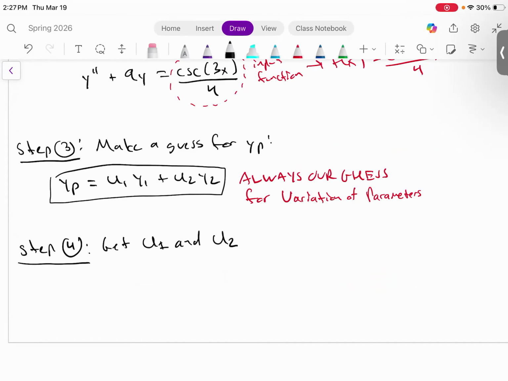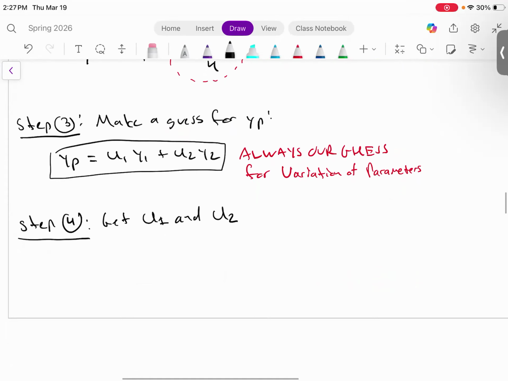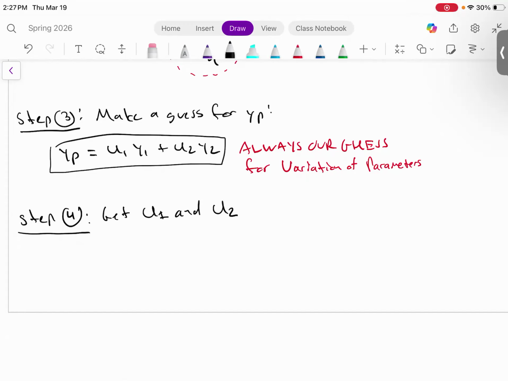Okay, so u1, if you look at your formulas from the previous video or previous page, we know u1 equals negative integral of y2 times f of x, all divided by the Wronskian of y1 and y2, and that's all needing to be integrated. So I have y2, I have f of x.